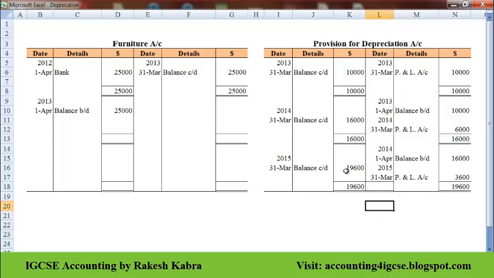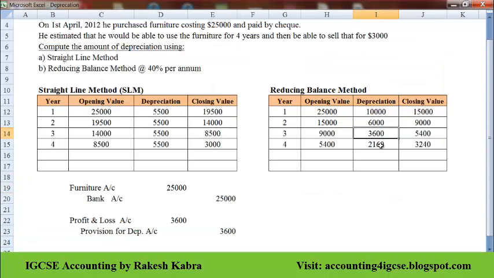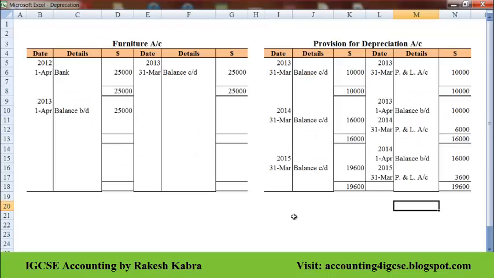Same thing will happen. This balance will come here, and again I will charge the depreciation, and in the 4th year the depreciation is $2,160. Understood? So I hope you got the idea. But the furniture account will show the same balance.